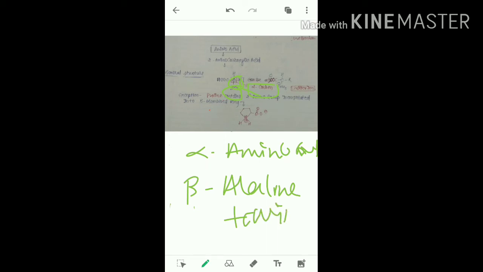So let's talk about the optical activity of amino acids. As we know, all the amino acids are mainly alpha amino acids, because this carbon is the alpha carbon and this group is attached to the alpha carbon. That is why they are called alpha amino acids, in contrast to beta amino acids such as beta alanine and taurine.